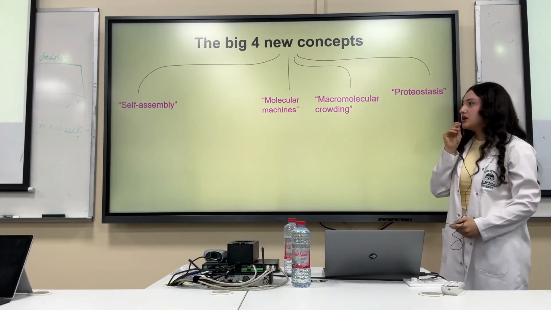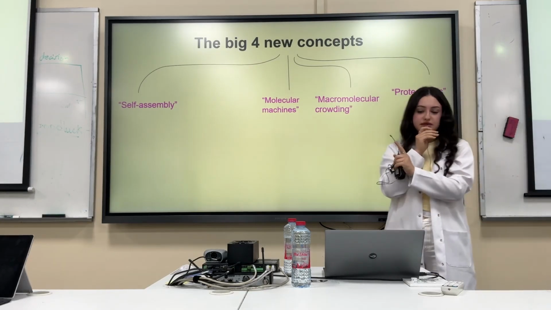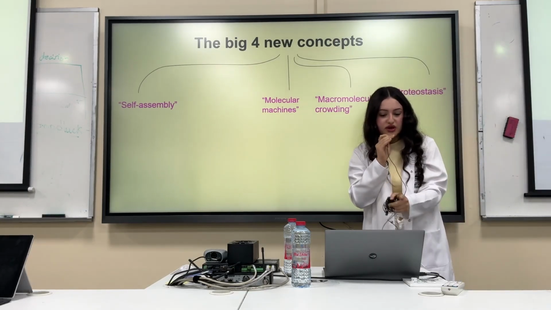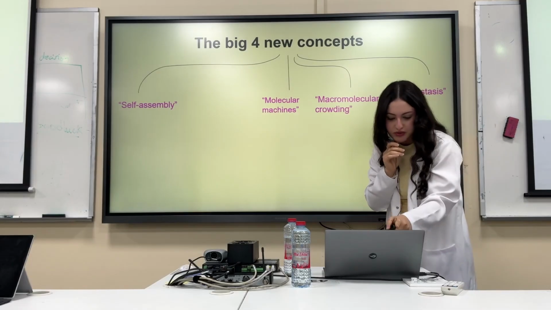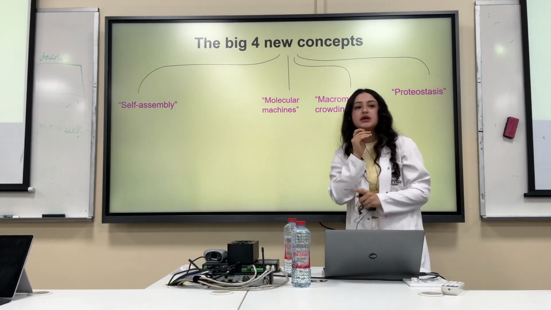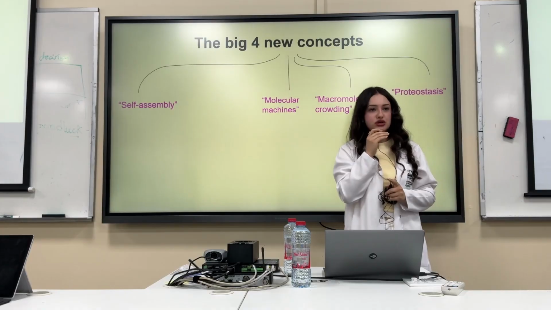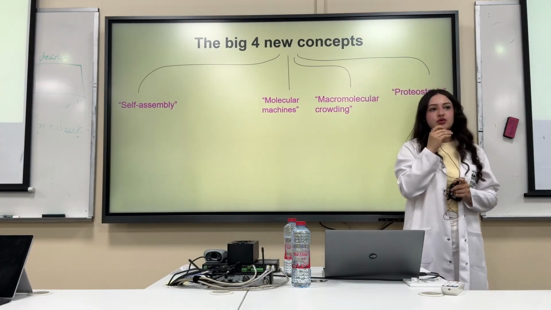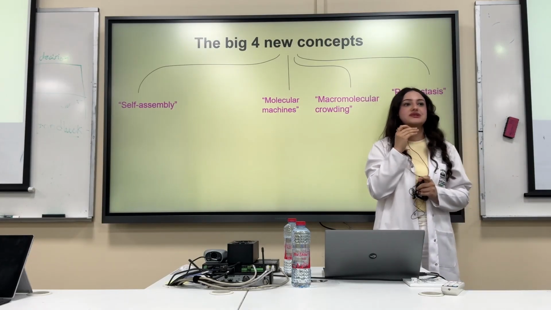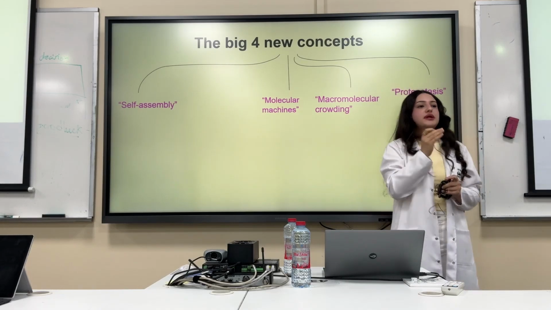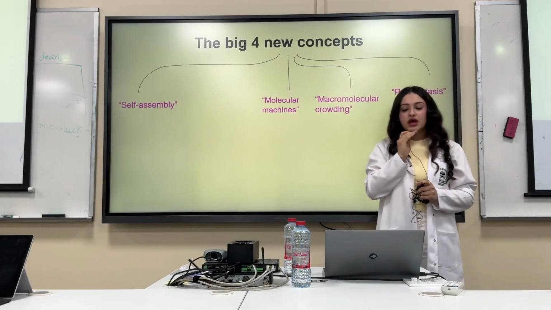Throughout this chapter, you're going to see so many new concepts. Not so many, literally four. We have self-assembly, molecular machines, macromolecular crowding, proteostasis. Guys, I want you in the exam to know you're learning so much new information. It's very likely and very normal for you to feel like, oh, what does this word mean? I swear, this happened to me so many times in my biochemistry quizzes.